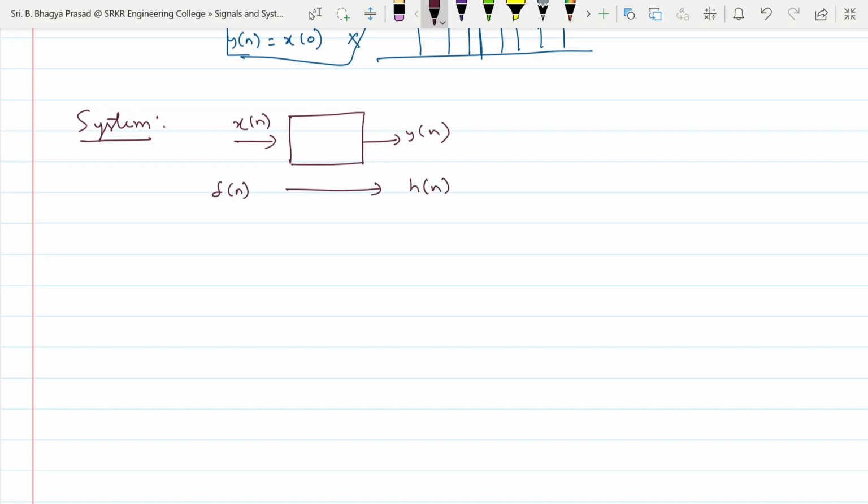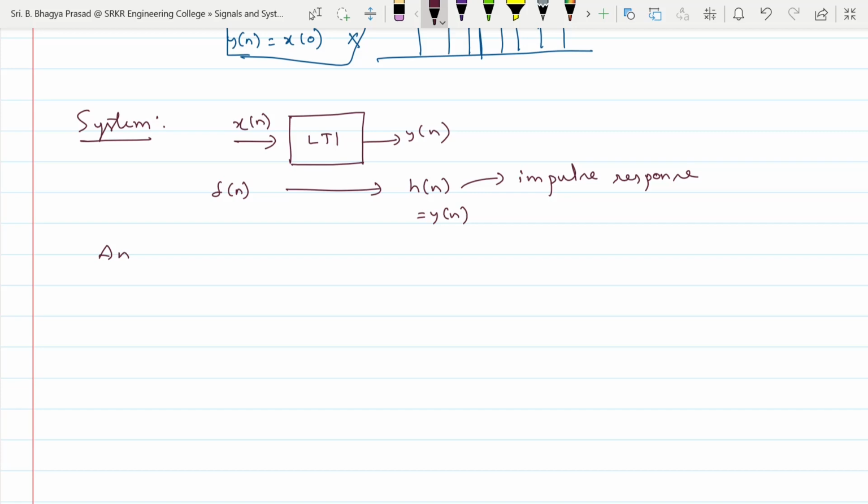So here h[n] is the impulse response. If the system is an LTI system, for the given input δ[n], we get an output h[n], which is y[n] of course, and h[n] is referred to as the impulse response of a system.